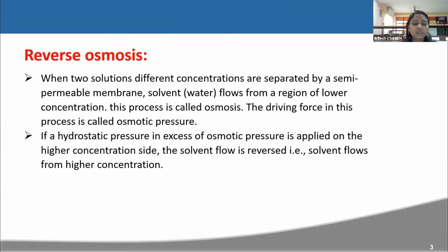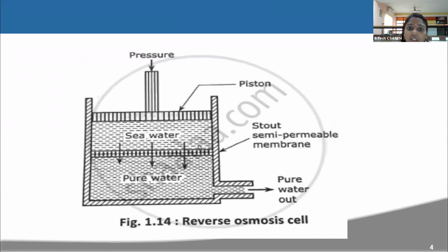So here, reverse osmosis. The reverse osmosis setup contains two compartments. See the picture. This is the reverse osmosis picture. The upper compartment contains brackish water. Brackish water is nothing but salt water, sea water or saline water, which has a higher concentration.